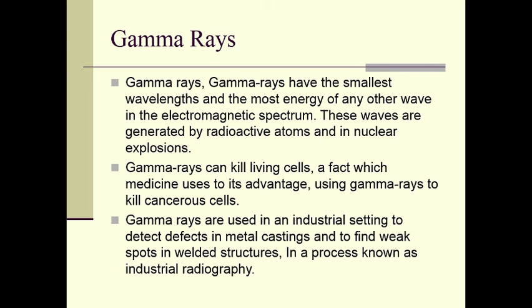Gamma rays are used in an industrial setting to detect defects in metal castings and to find weak spots in welded structures in a process known as industrial radiography, right. So, gamma rays have various applications in the industrial radiography technique. We can detect the defects in the metal castings, or in metals.